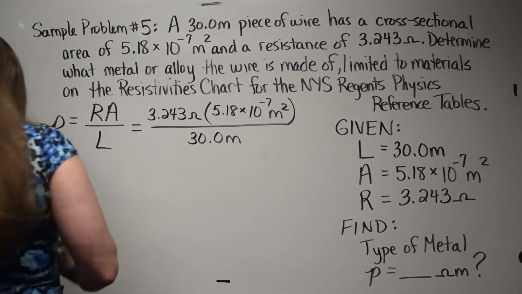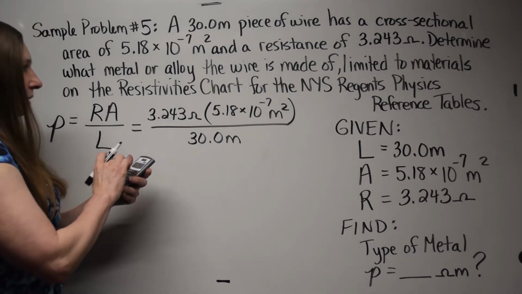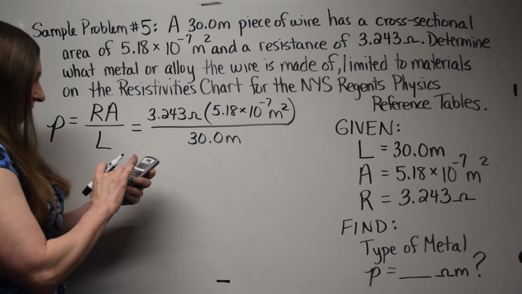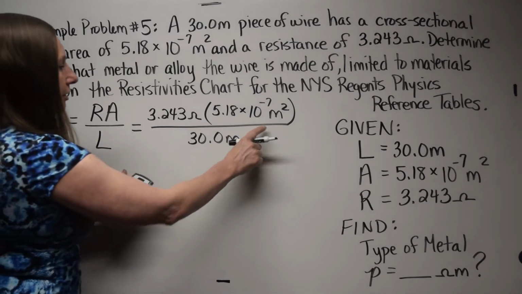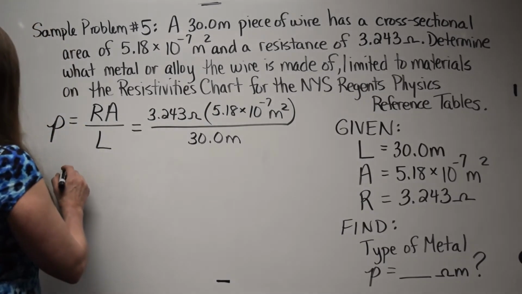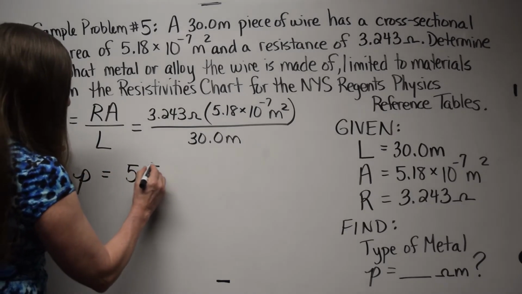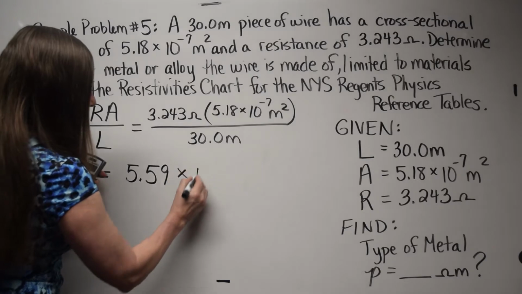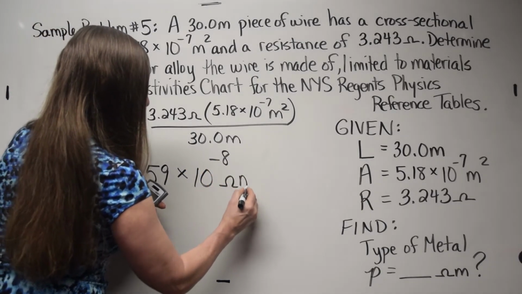So we do our math. 3.243 times 5.18 times 10 to the negative 7 equals, now hit divided by 30 equals, and we're getting rho equals 5.59 times 10 to the negative 8 ohm meters.